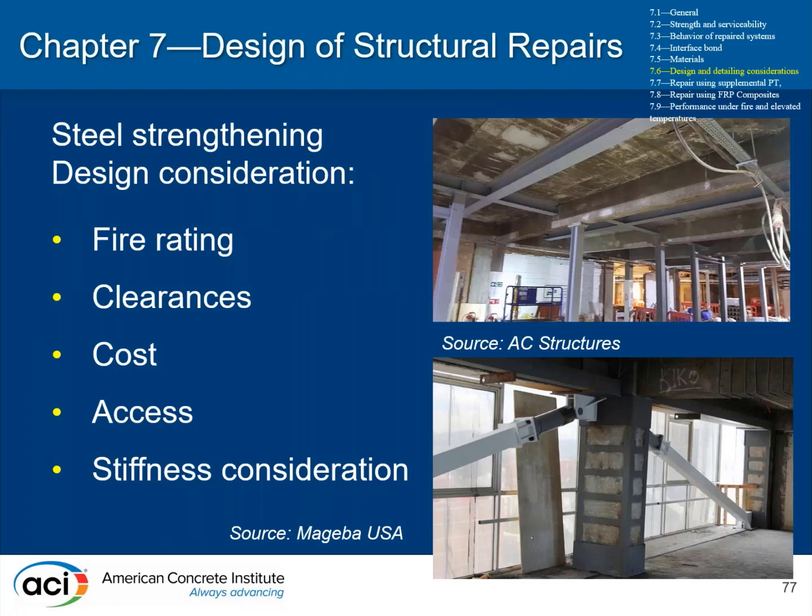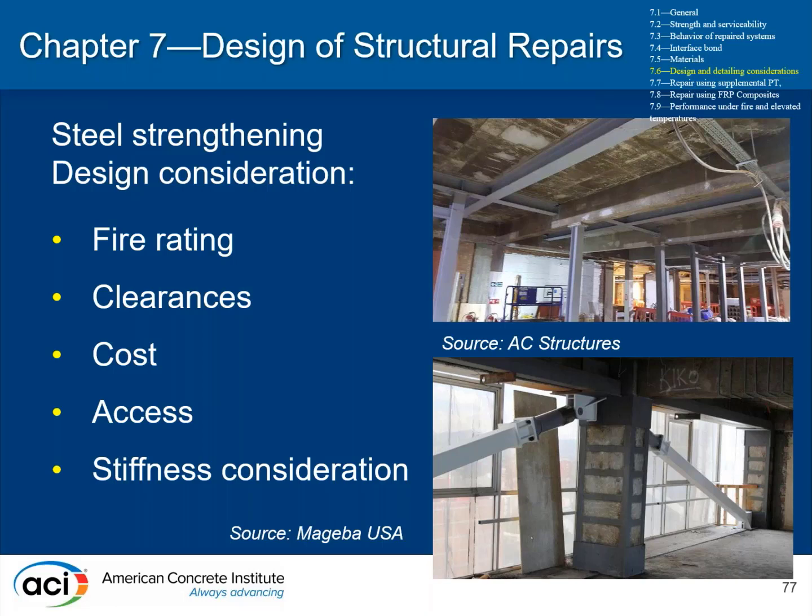Steel strengthening, obviously, has requirements for evaluating the fire rating. Is it exposed steel? Does it need to be fireproofed to be consistent with the original structural system? As with the other methods, clearances and costs and access come into play, but then also stiffness considerations.